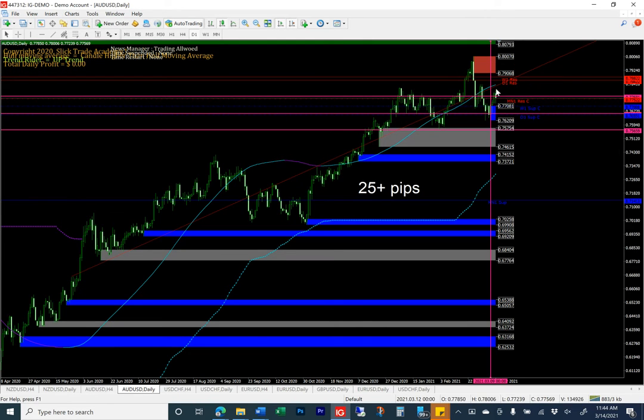All right, so we are coming up to this level right here, and just grab a new one. That is right there. Okay, so since price broke to the upside, more than likely we're going to see it come at least up to this trend line of 0.78272.